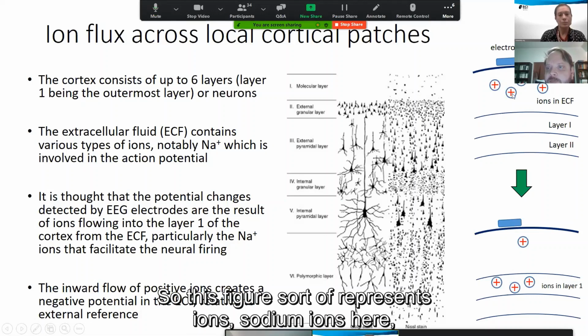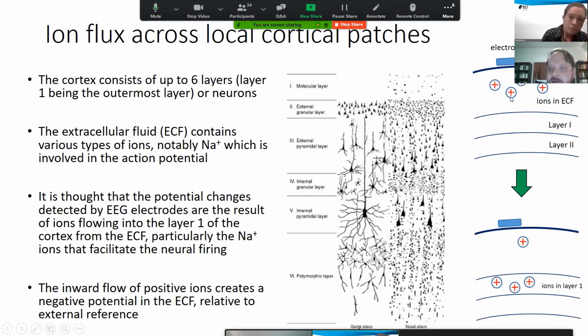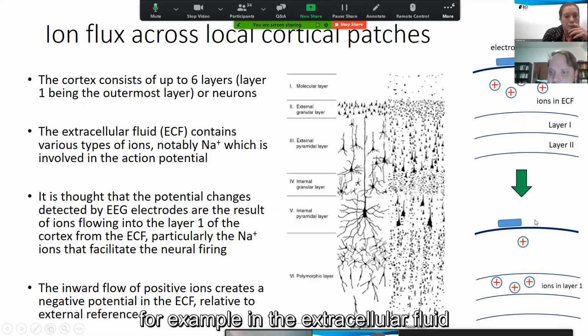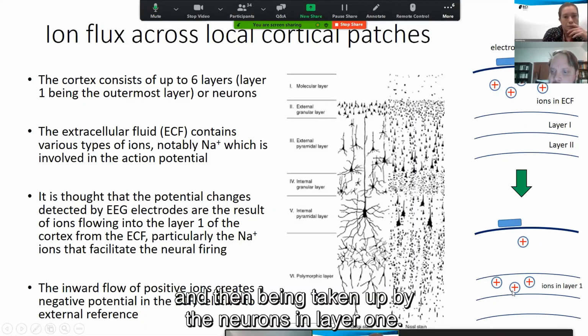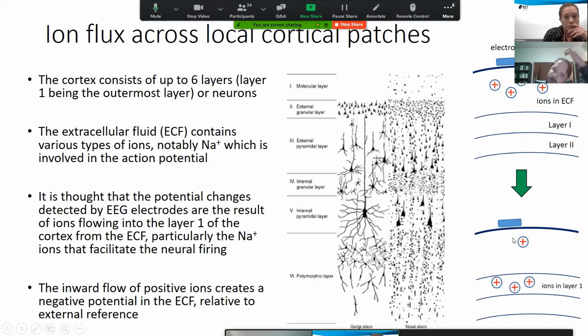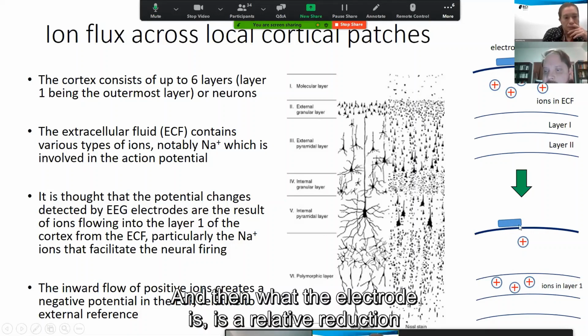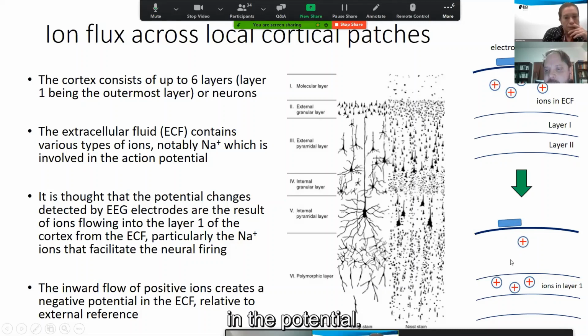So this figure represents ions, sodium ions here, for example, in the extracellular fluid, and then being taken up by the neurons in layer 1, and then what the electrode sees is a relative reduction in the potential.